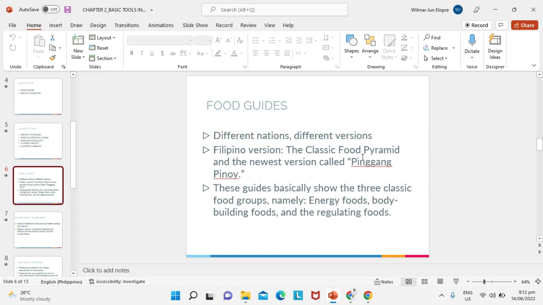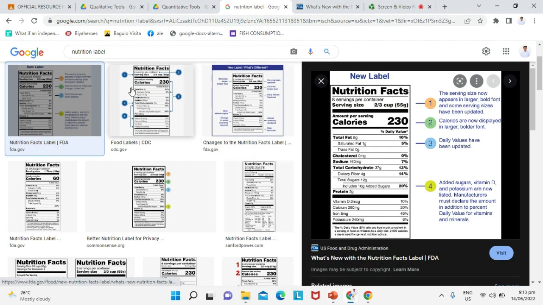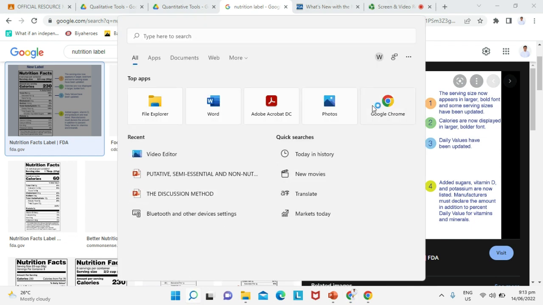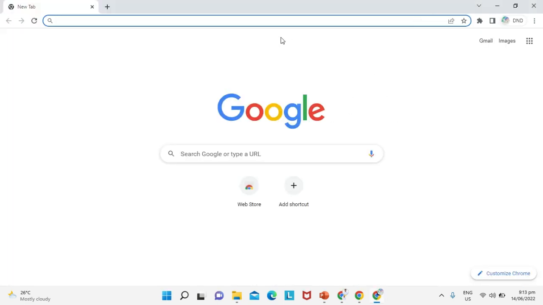Okay? And my most favorite food guide is actually the Japanese food guide, which is the spinning top. Okay, so let's try to look at the internet no for some pictures of those food guides.